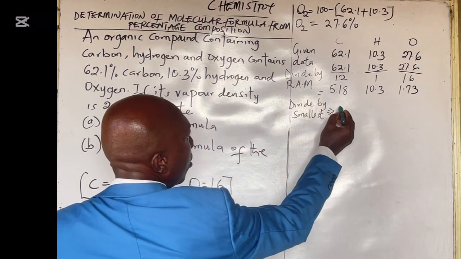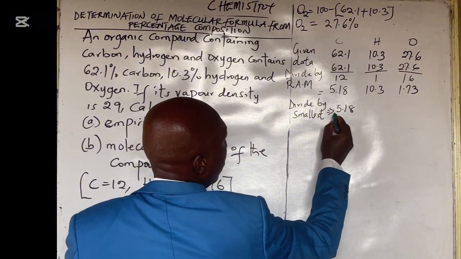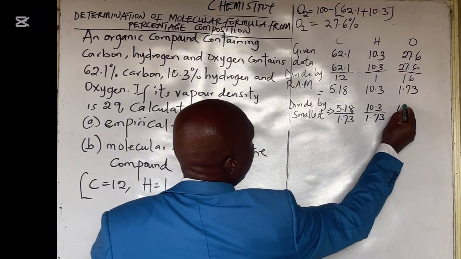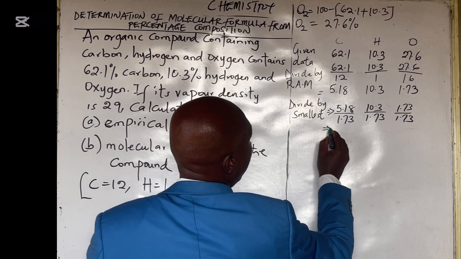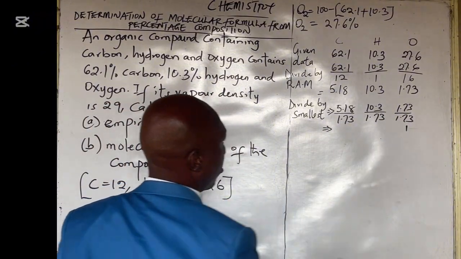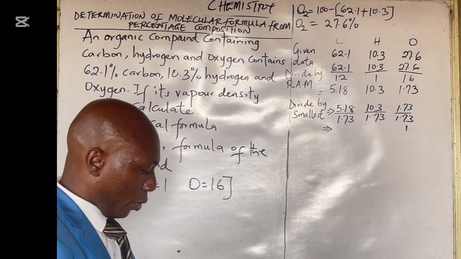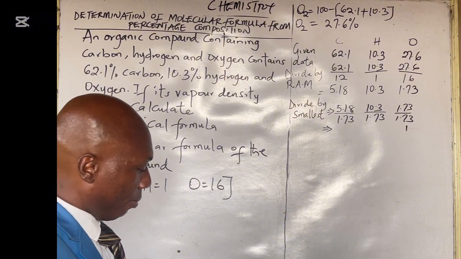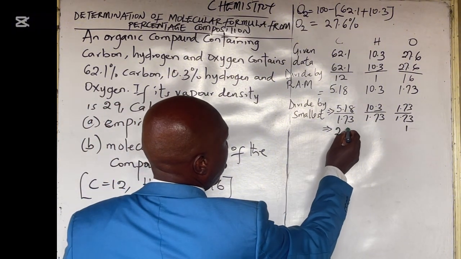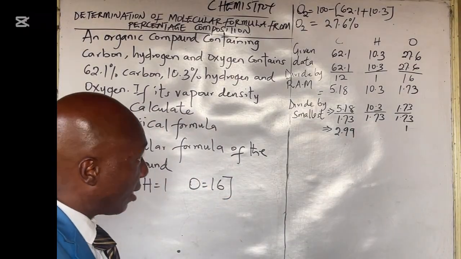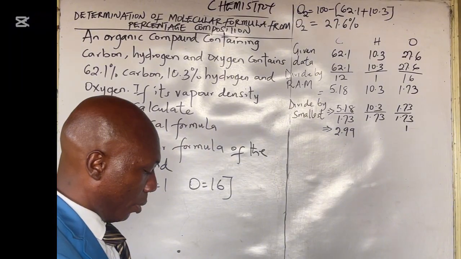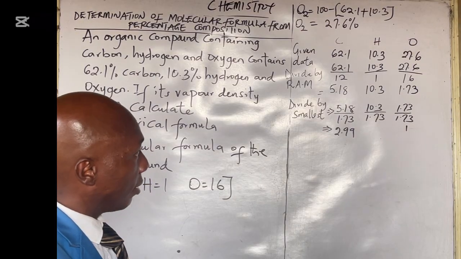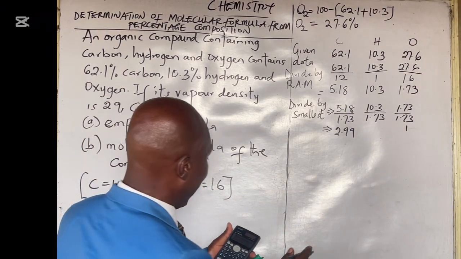So we have 5.18 over 1.73, 10.3 divided by 1.73, and 1.73 divided by 1.73, which is 1. 5.18 divided by 1.73 gives 2.99. 10.3 divided by 1.73 gives 5.95.